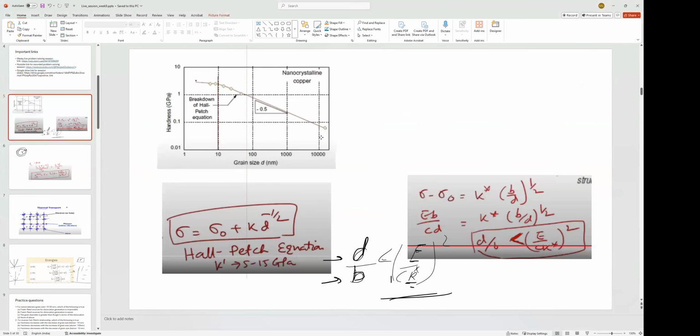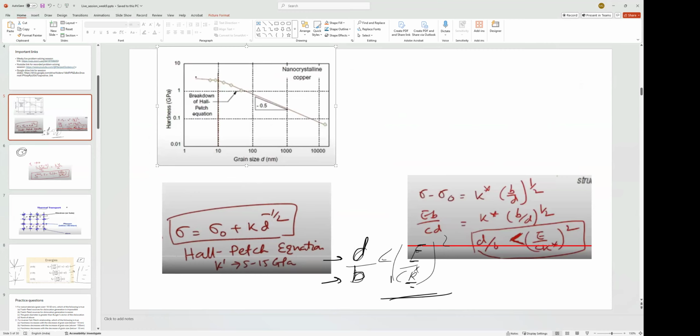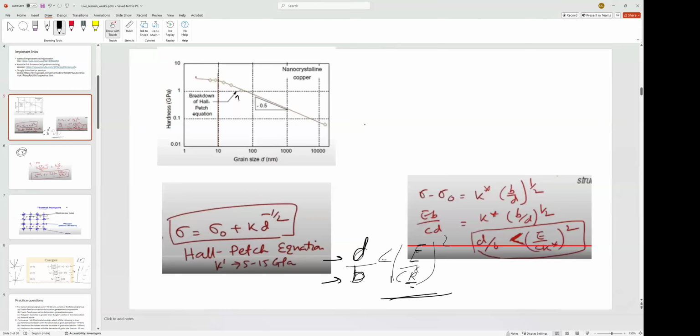Up till this point, the grain size versus hardness, if we take the log, we'll get a slope of half.